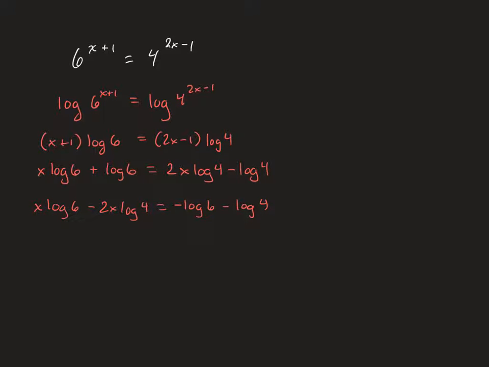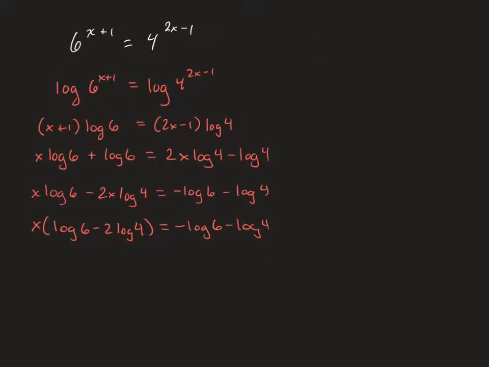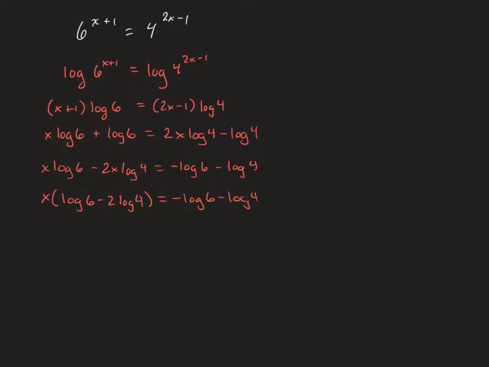Now we have all the x's on the left, so we're going to factor those. So we have x times (log 6 minus 2 log 4) equals negative log 6 minus log 4. And then last but not least, we divide both sides by log 6 minus 2 log 4, and I get x equals negative log 6 minus log 4 over log 6 minus 2 log 4.